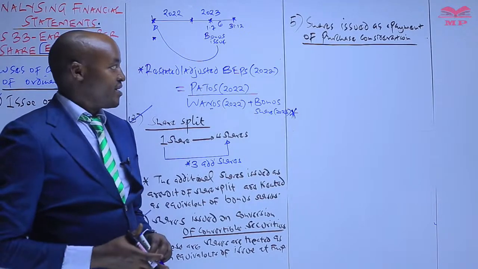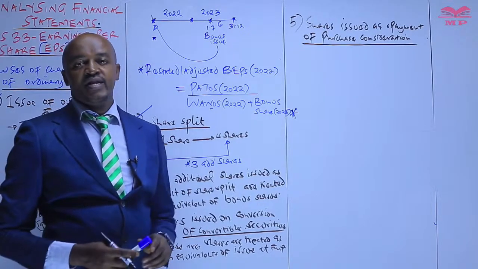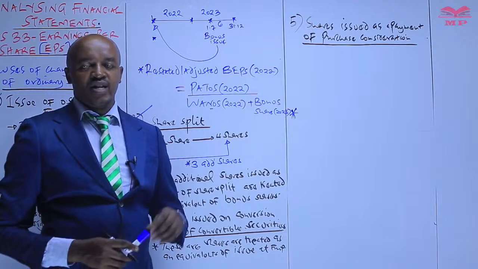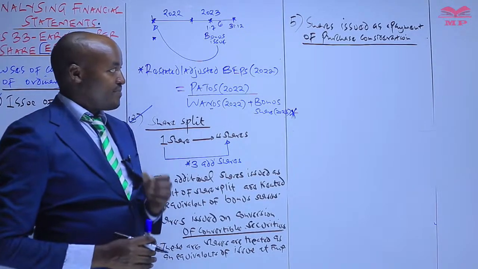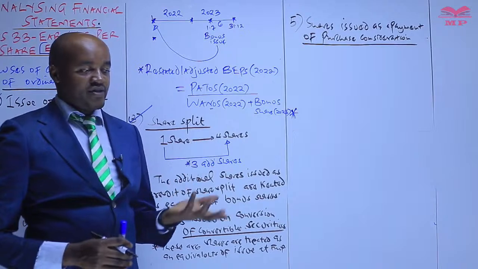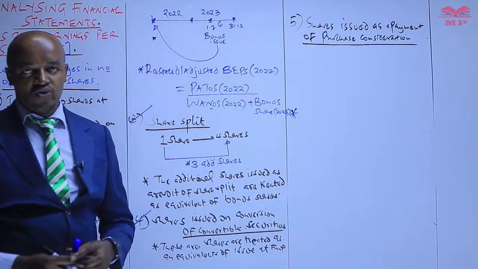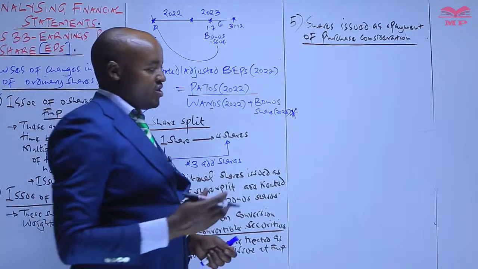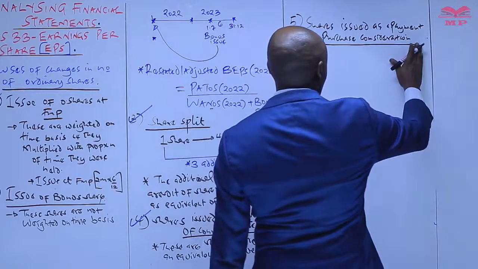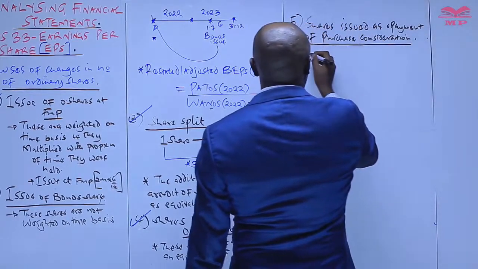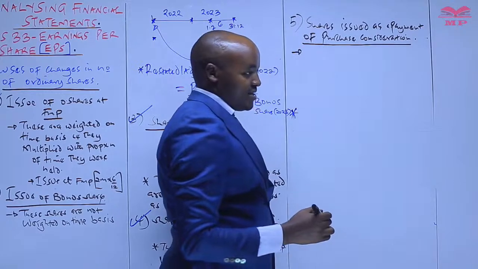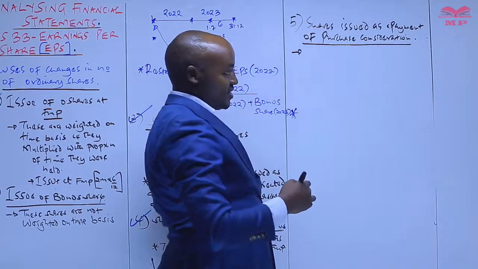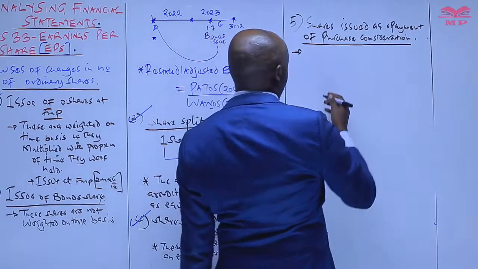So the company, for example, has acquired a subsidiary, or bought some goods, or been provided with some services, and the company will want to pay for those goods or services by issuing its own shares. So the ordinary shares issued here are equally treated as shares issued at full market price, which means those shares will be weighted on a time basis.